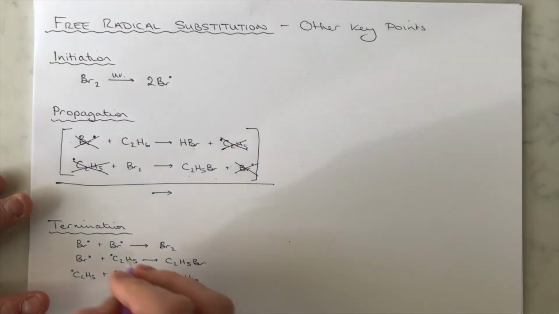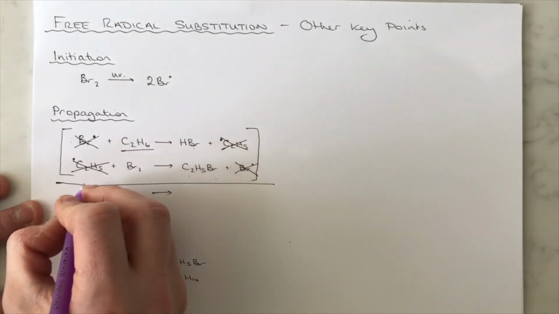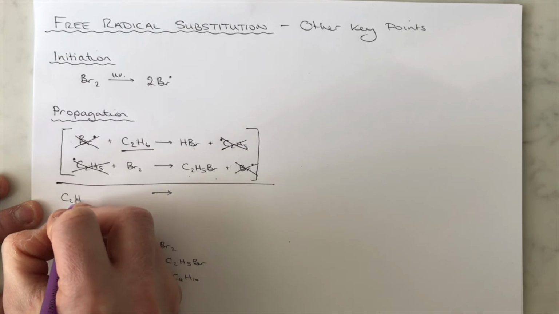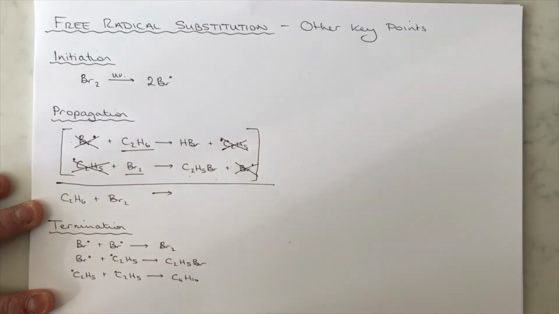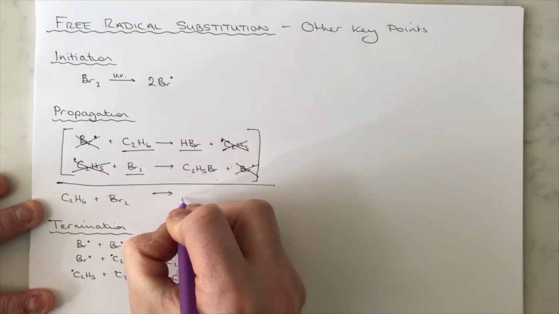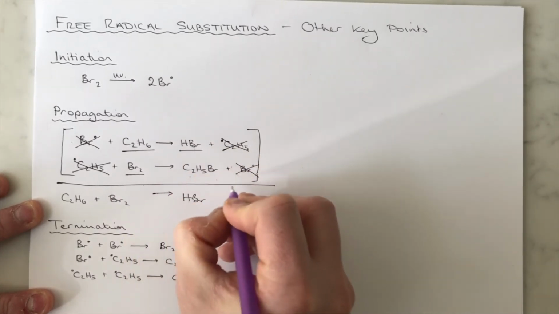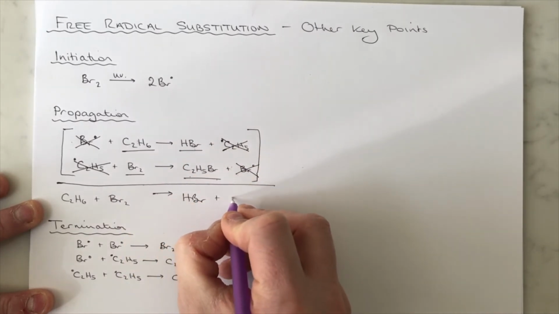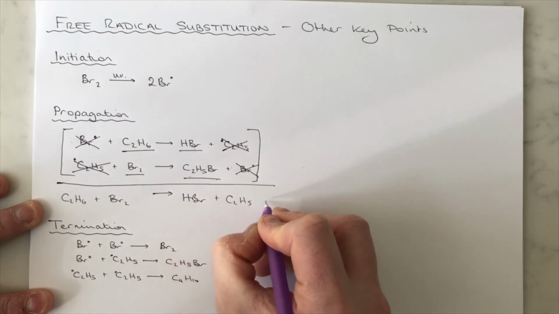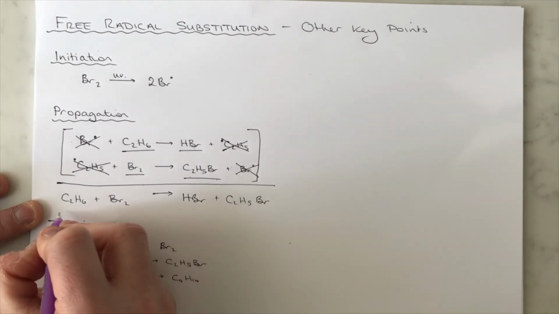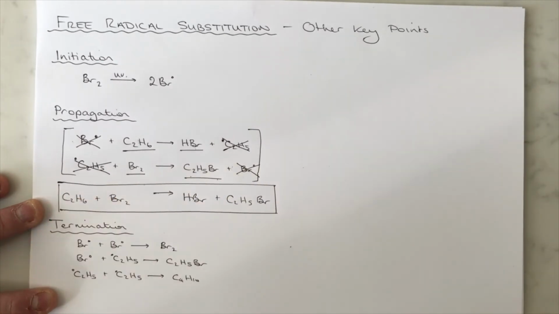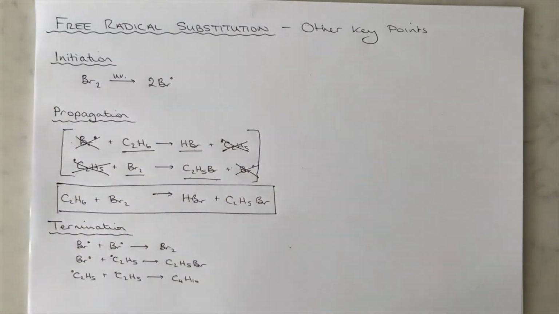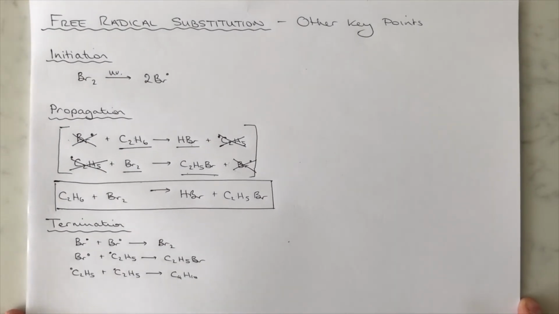So I end up with an overall reaction which involves ethane plus bromine forming HBr and bromoethane, C2H5Br. So that is the overall reaction for the full free radical substitution process. Okay, so that's one of the key points that may crop up in an exam question.